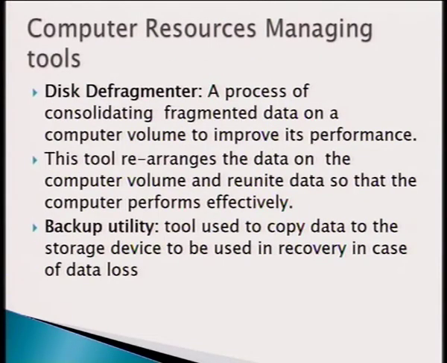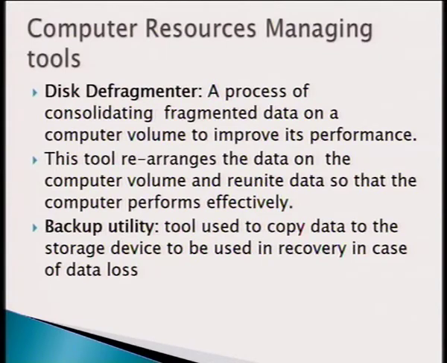Okay, computer resource management tools. Within our computer, we've got tools that allow us to manage our resources. When we talk about computer resources, we mainly refer to three items, which are considered the main resources of the computer. We talk about the storage devices, the processing devices, and the memory.